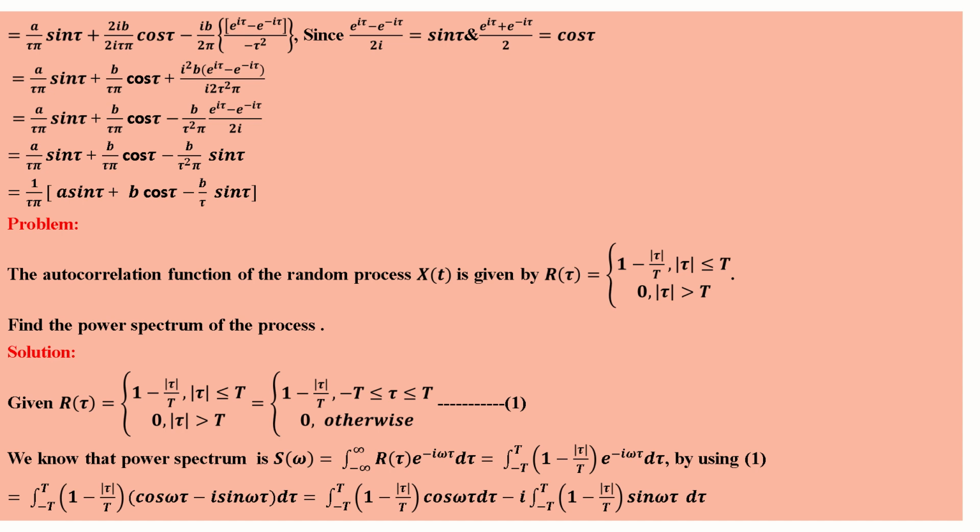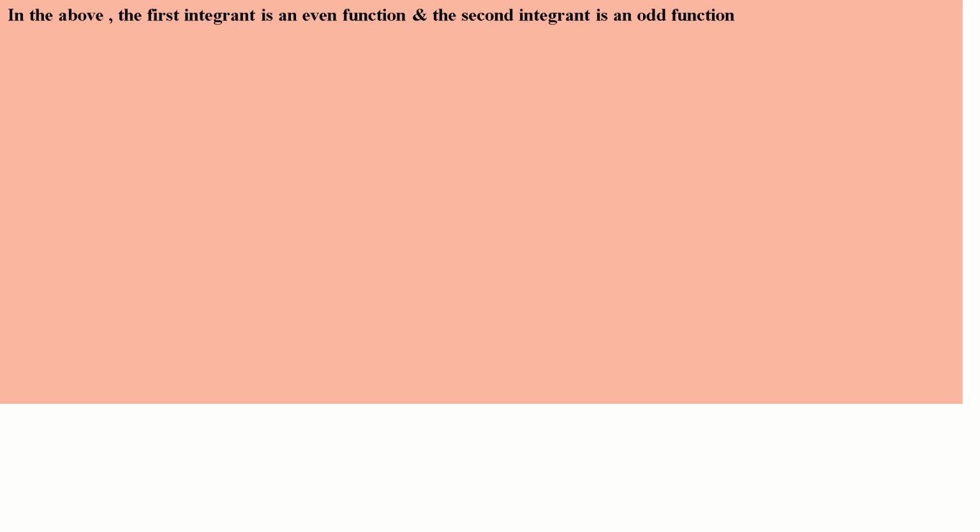Now, the first integrand is an even function, because 1 minus mod tau by T, mod tau is always positive, right? And cos is also an even function. So both are even. The second integrand, 1 minus mod tau by T, is an even function, and sine is an odd function.